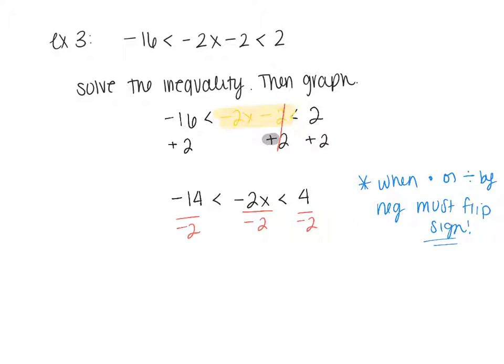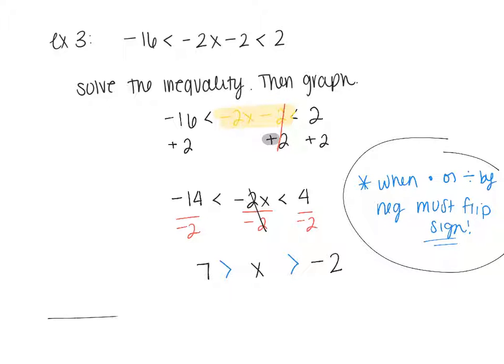So when I multiply or divide by a negative, I must flip the sign. Here, these signs were facing open to the right. I'm going to flip them, and they're going to be open to the left. So then I have positive 7 over here, x in the middle, and negative 2. Make sure you don't forget that. You have to flip the sign.